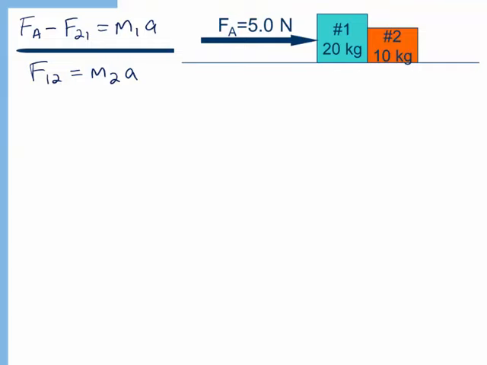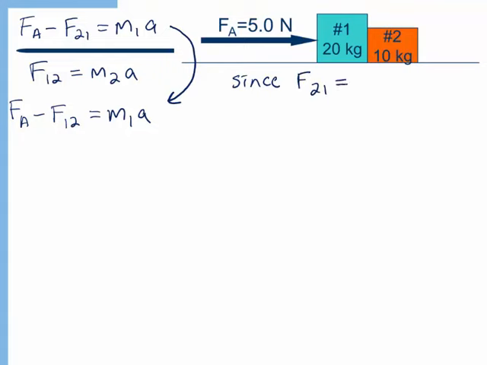I'm going to take that first equation and rewrite it as F12 instead of F21, since they're the same. So I have Fa minus F12 is equal to m1a. Let me make a note that F21 equals F12. Now, to solve this, I'm going to add these two equations.